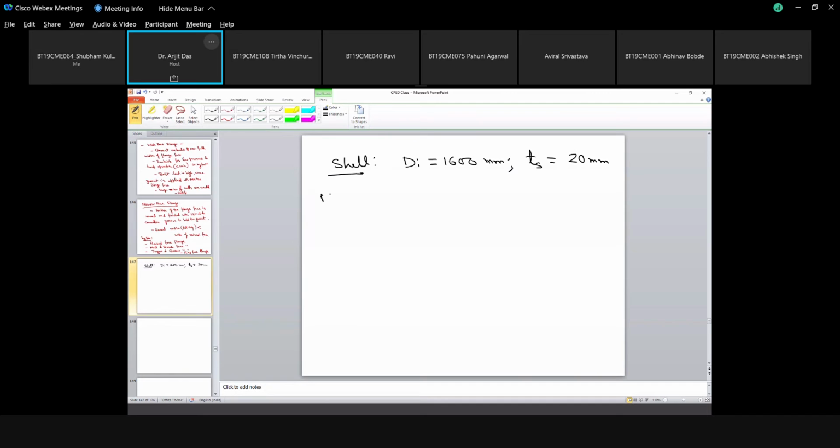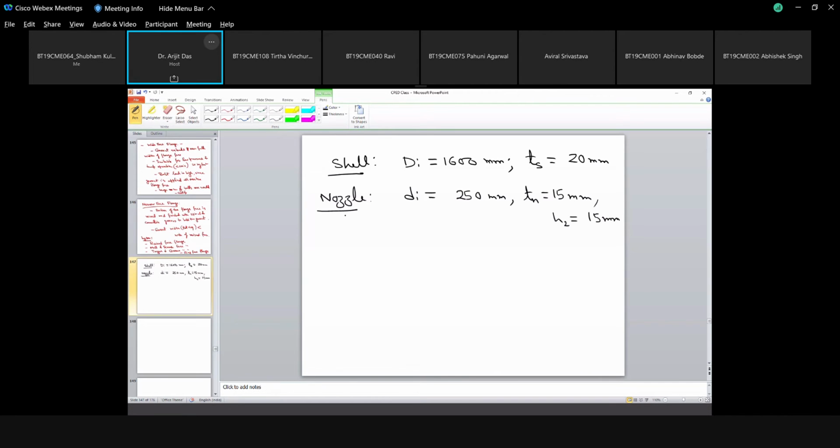And for the nozzle, its inside diameter, that is small di, equals 250 mm, nozzle thickness 15 mm, and also the H2 value is given as 15 mm.